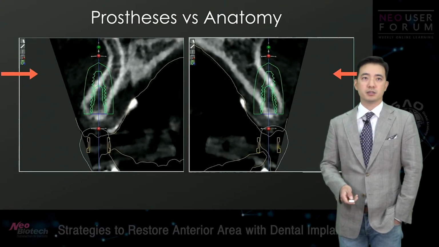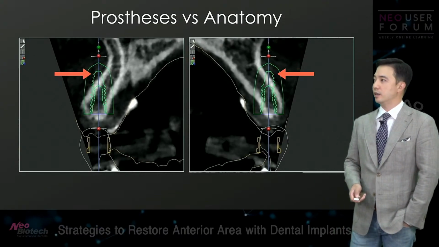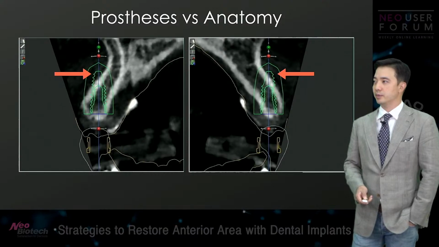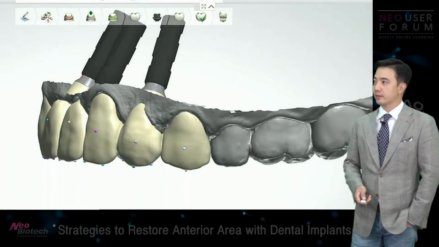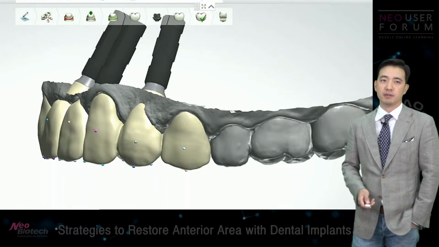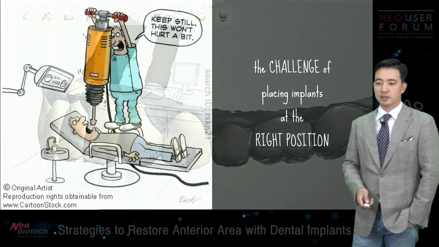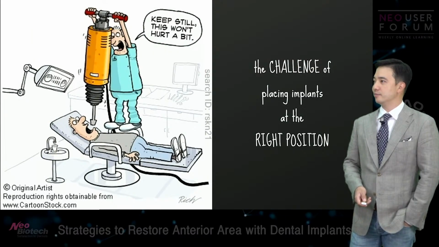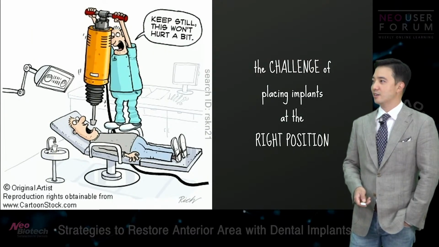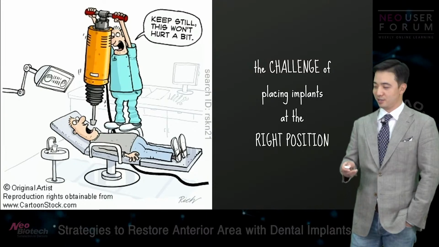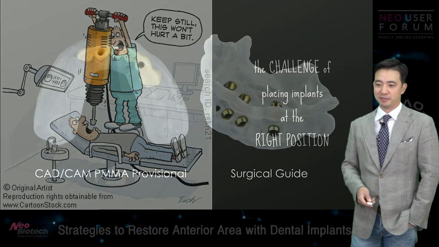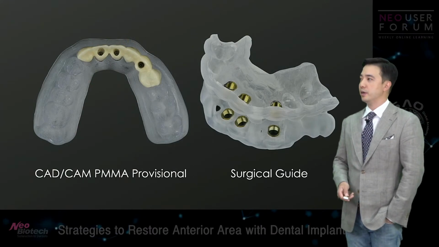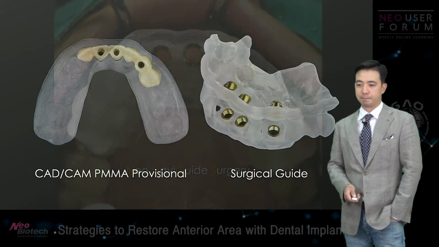So this is how I planned the implant position, and this is how I also planned the immediate restoration after implant placement. So yeah, this tells you how hard it is to place the implant in the right position. Just a little joke. So this is what I prepared for this case.